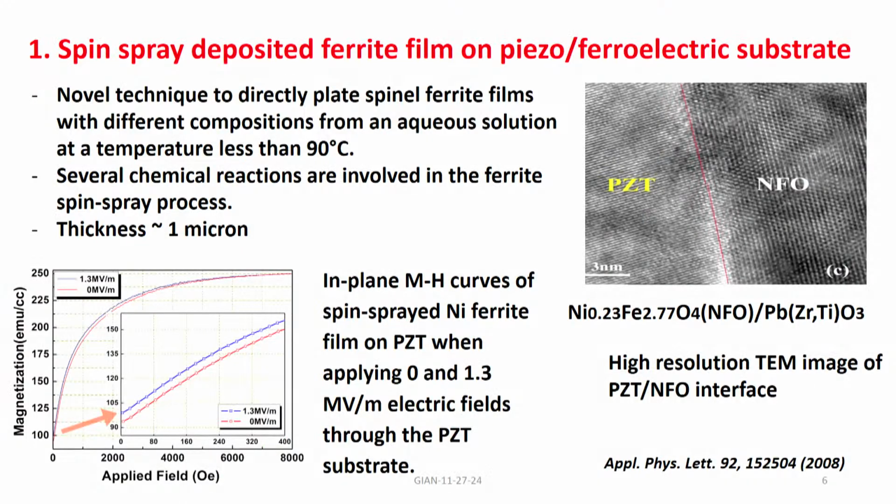These are very close to room temperature. So, you can take a look at these references to go through the details on how these films are made, but the bottom line is you can make quality films of spinel ferrites on any substrates with this low temperature process.